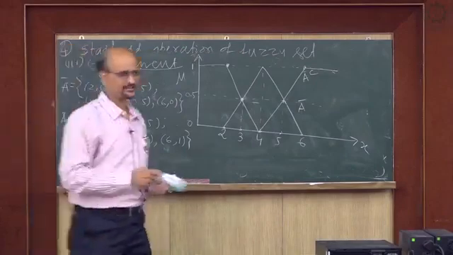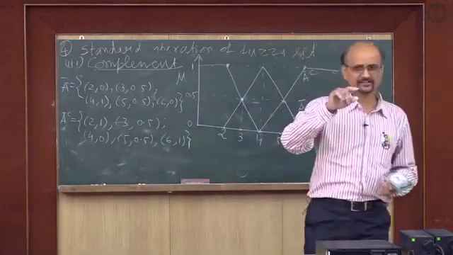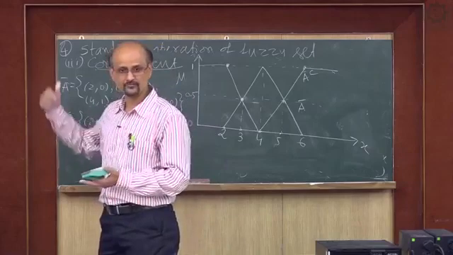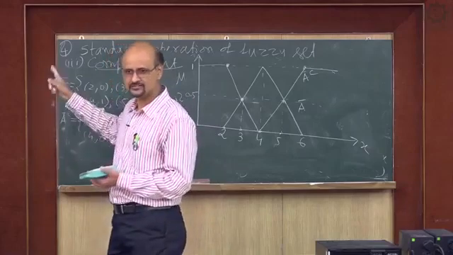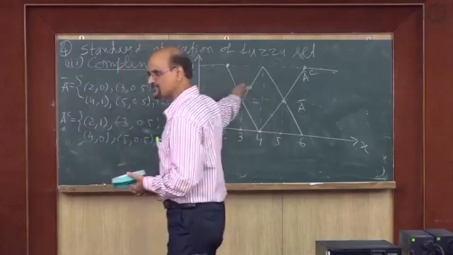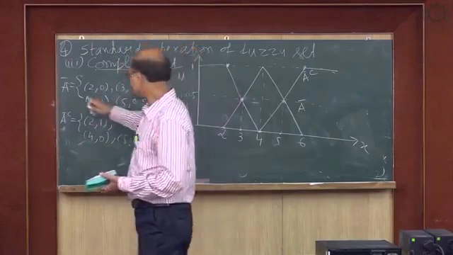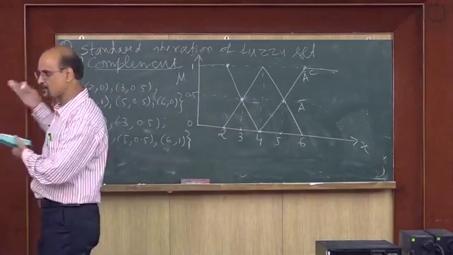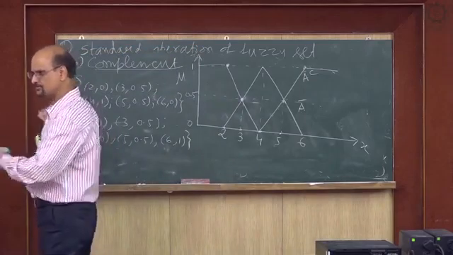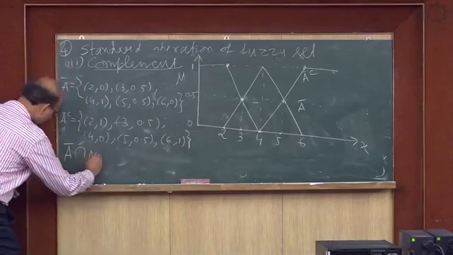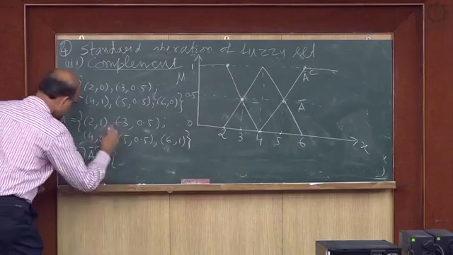In classical set theory, A intersection A complement is phi, and I told you while defining that in fuzzy set it is not. So, let us find it from here first, then I will see what is happening in the figure. Let us find A bar intersection A bar complement as per our definition, max or min.